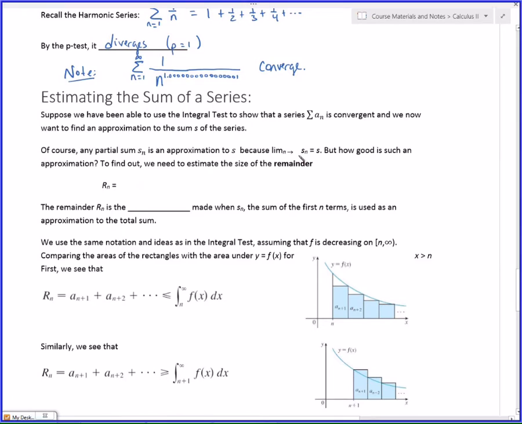And remember that what I mean by this S right here, S is the whole sum from n equals 1 to infinity of a sub n. And this S sub n is the sum from i equals 1 up to n of a sub i.